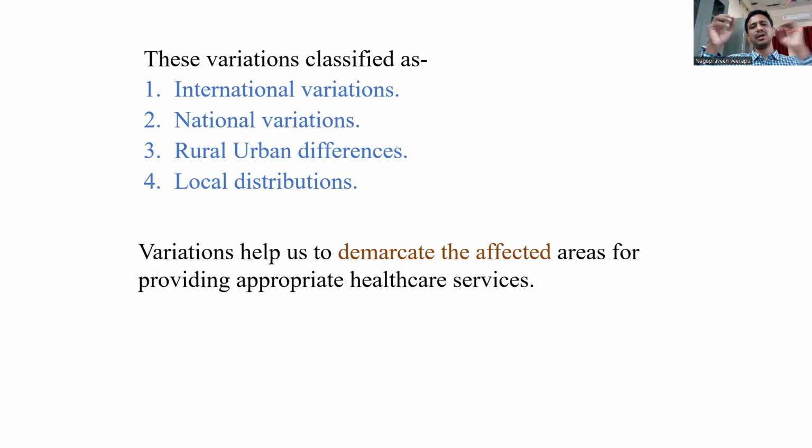The variations may be international, between one country and another, or national, within the country. Within the country, there may be rural-urban differences, and local differences between outside the city and inside the city. These variations help us demarcate the affected area for providing appropriate healthcare services. These areas are affected, so you concentrate on these people.